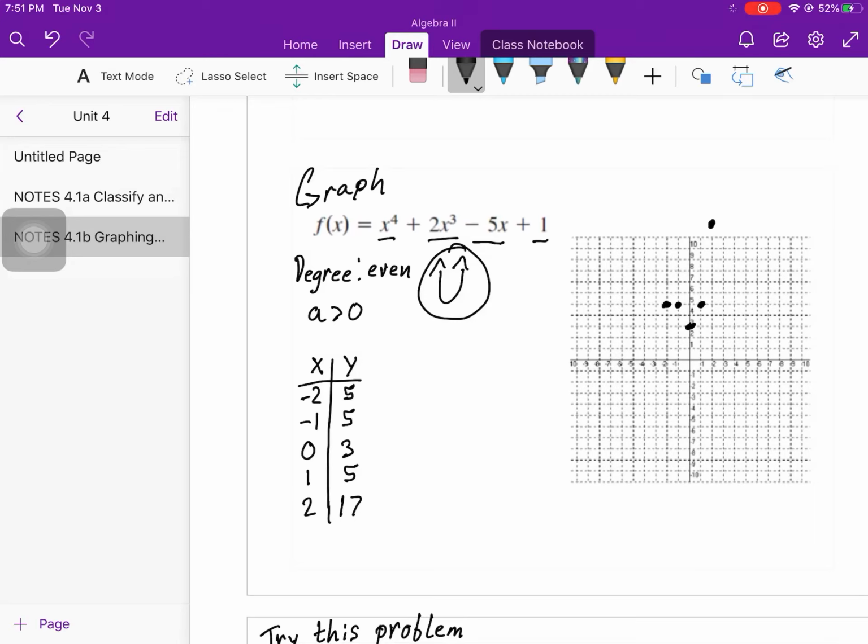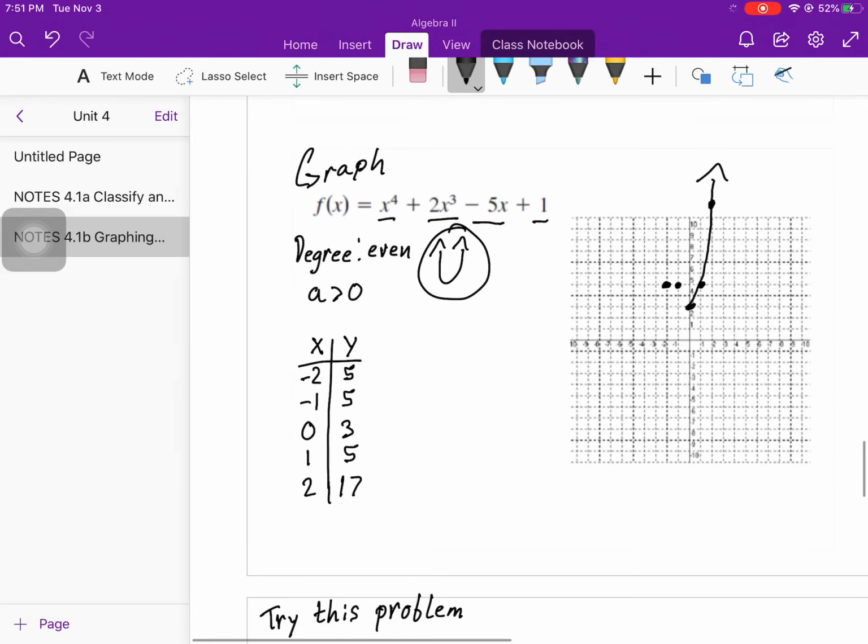Now I know that this is the general shape of what I want to end with. So as it looks like I'm going up dramatically right here. So I have that. Now I just need to connect these as best I can. So when I graph this part, oh, I apologize. I was looking at the wrong table.